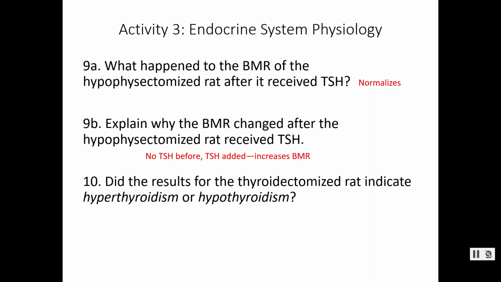Now that we have thyroid hormone secretion, we have normalized our BMR. Do the results of the thyroidectomized rat indicate a hyper or a hypothyroidism disorder in this rat? It would be hypothyroidism. Your thyroidectomized rat still indicated below normal BMR levels.